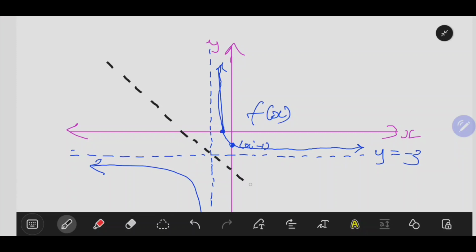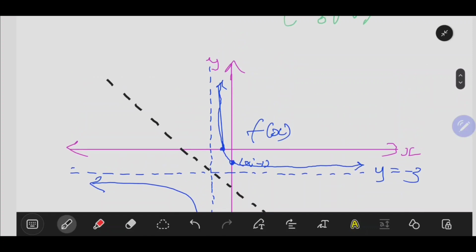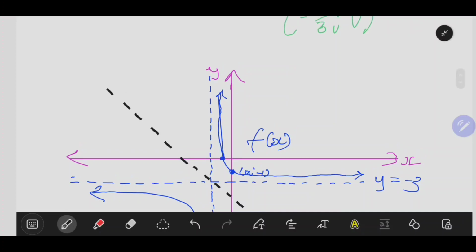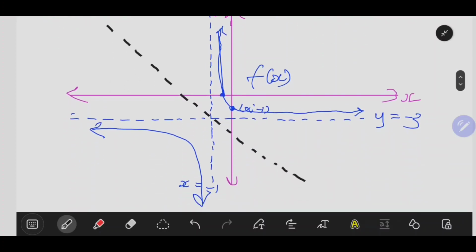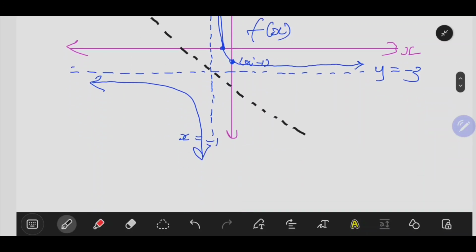So it means they're talking about this line here. This is a decreasing function. So they want you to determine the equation for the axis of symmetry for a decreasing function.